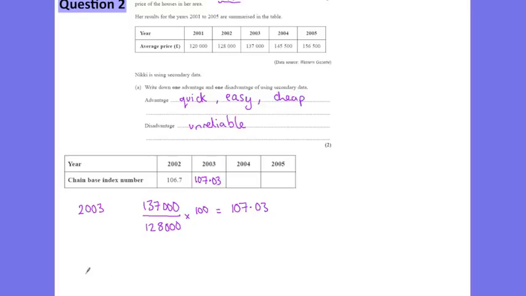Moving on now to the next year, 2004. Again, we take the average price in 2004, 145,500, and we divide by the year before, 2003. So we have, times by 100, our chain-based index number of 106.20.